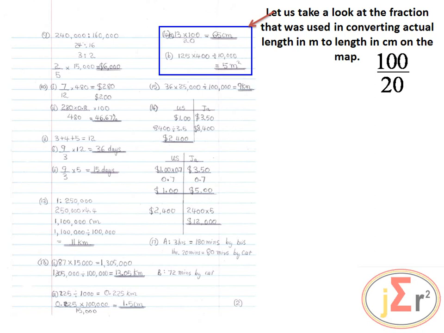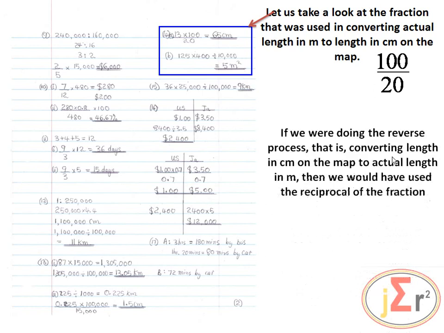And we have also discussed that one way that we may achieve that is by reciprocating the fraction that was used in the opposite conversion. So we are converting on this occasion from the map to actuality. Therefore, we will make use of the fraction that was used to convert from actual to the map, and we will take the reciprocal of that fraction.